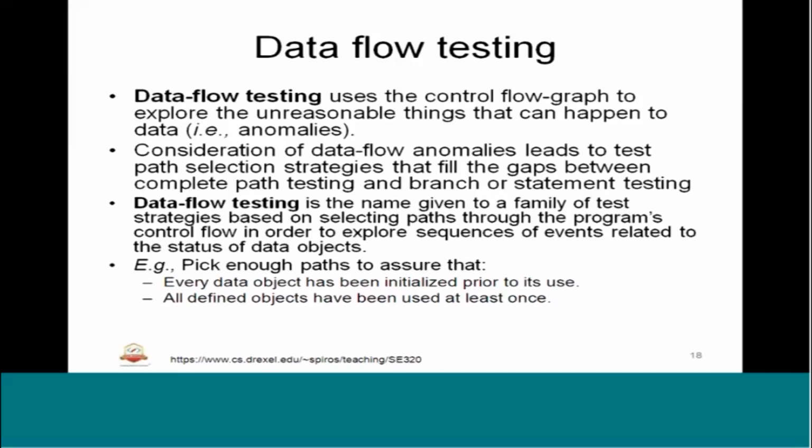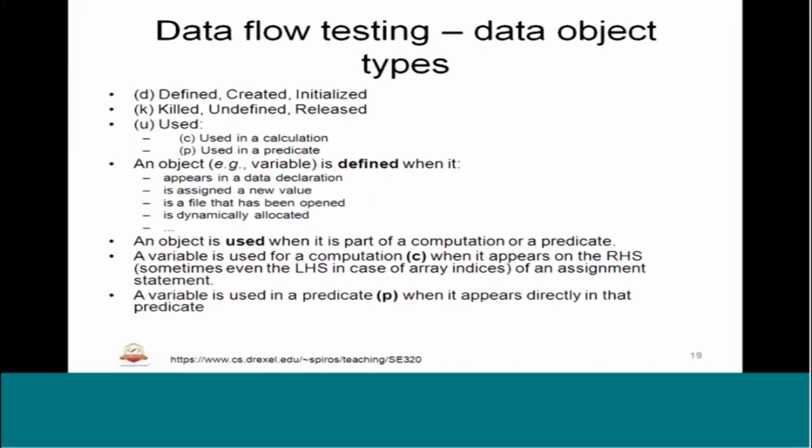Further, the data object types are defined in data flow testing. D type data or objects are of the types defined, created, and initialized. K type is killed, undefined, or released, which is mostly used in embedded applications or C++ based applications.